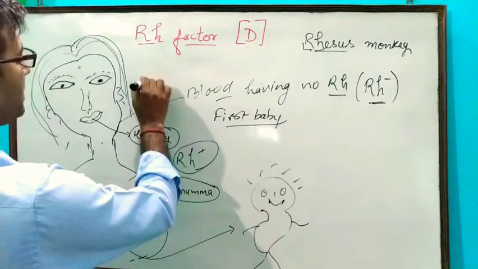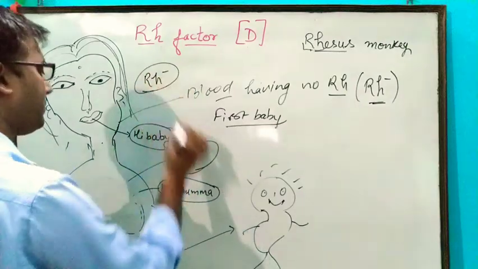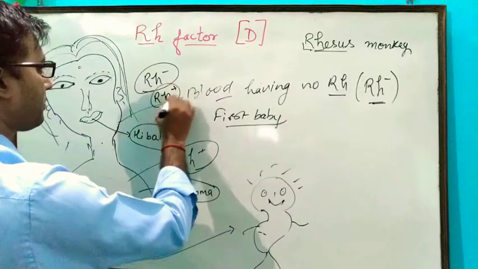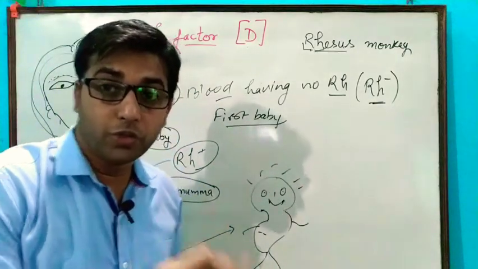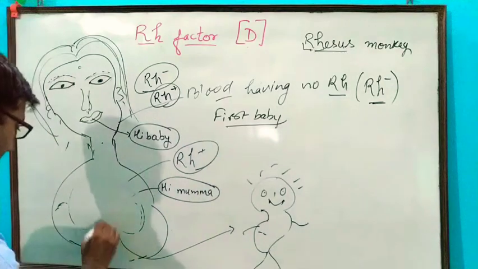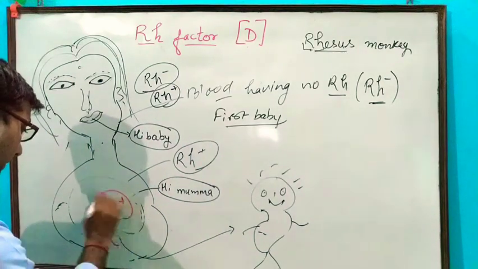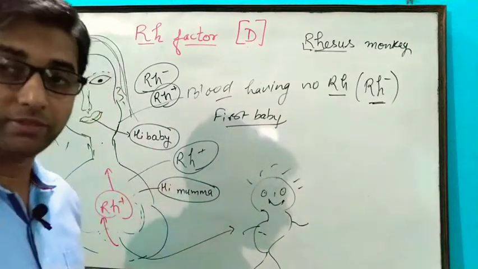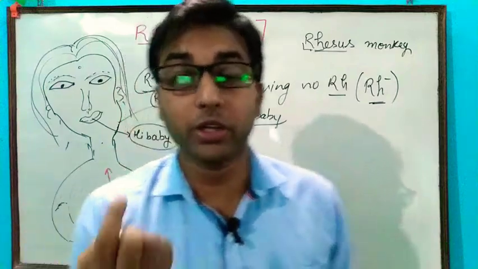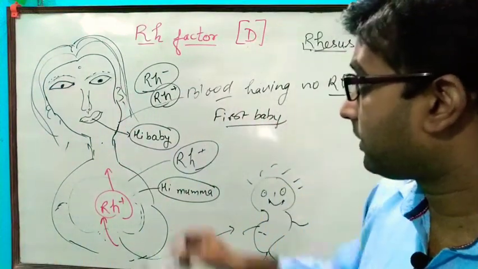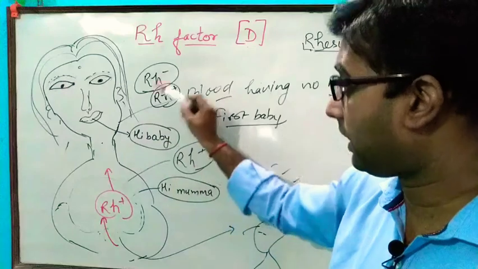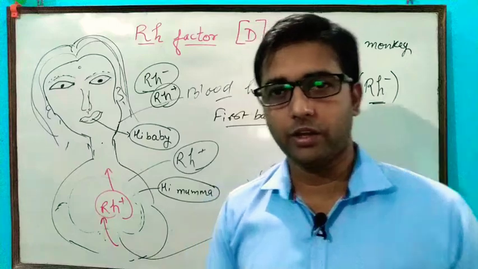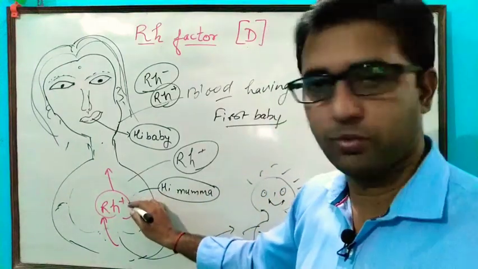Since the mother's blood is Rh negative and the baby's blood is Rh positive, the Rh positive blood in the mother's blood initiates antibody production. And since the mother is Rh negative, many antibodies are now ready against Rh positive.